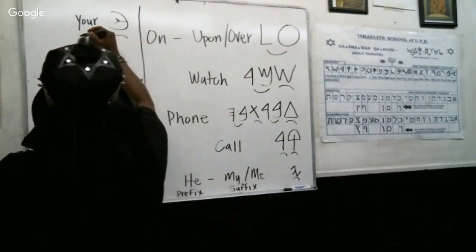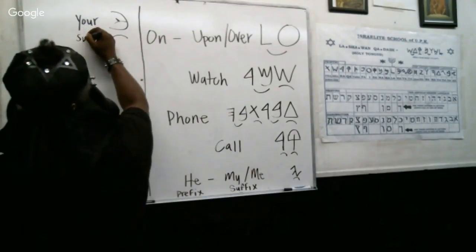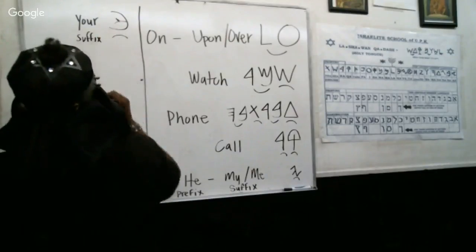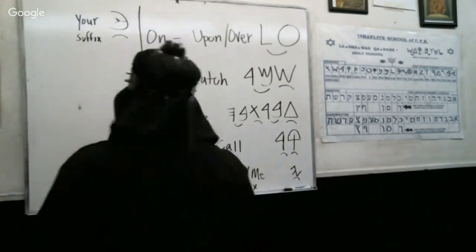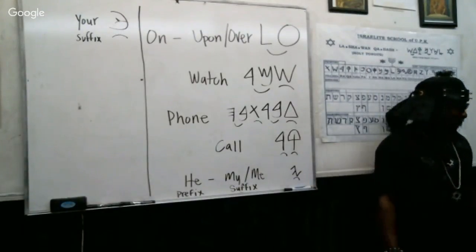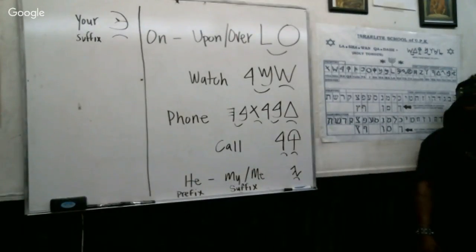Now this same word ka is at the beginning of a word, like ka alahaya. You got alahaya ka, and then you got ka alahaya. Your God or as God.